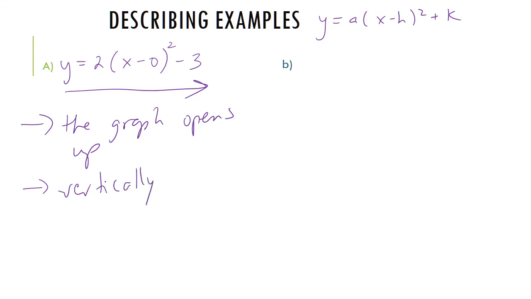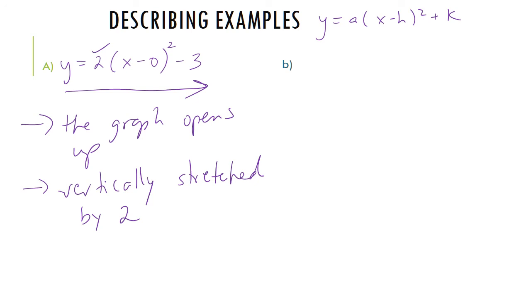So vertically stretched. And you can't just write vertically stretched and be done with it. You have to write by whatever the number is. So vertically stretched by 2. Perfect. And then we're not doing anything with h, it's a 0. And then the next thing we encounter is the k, at the back end. Minus 3.